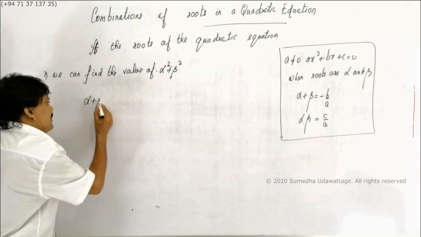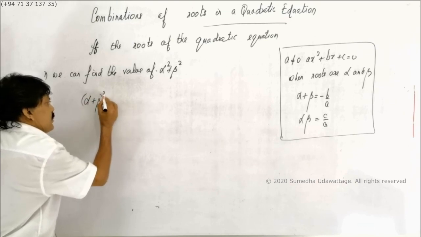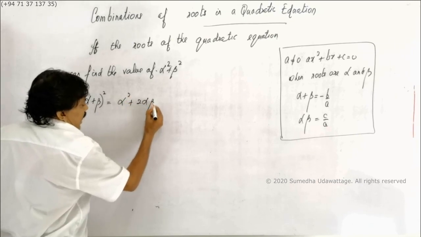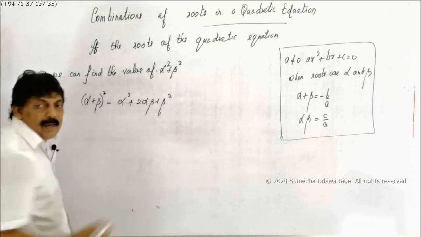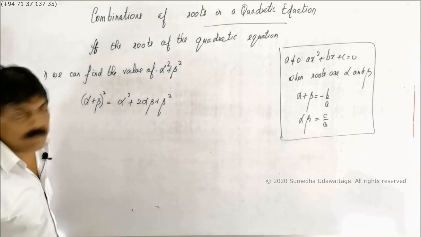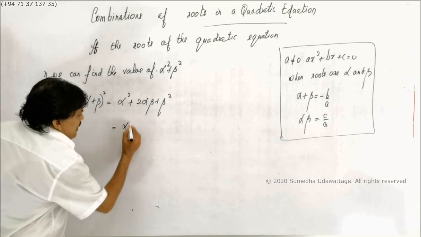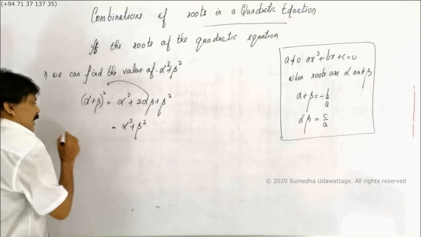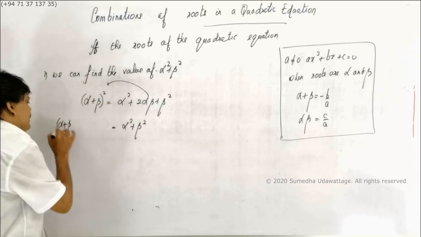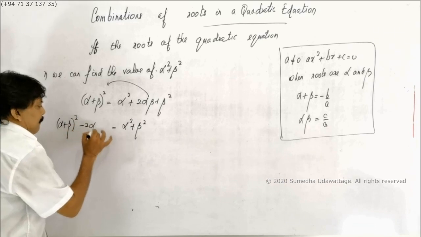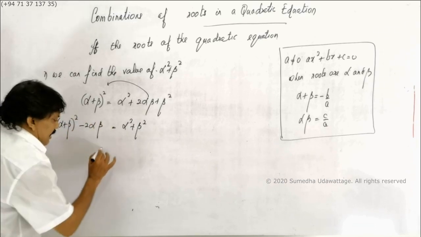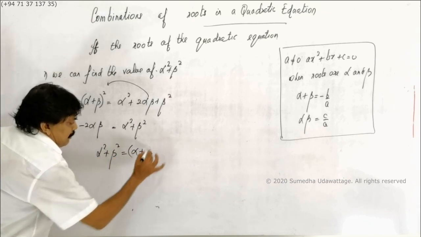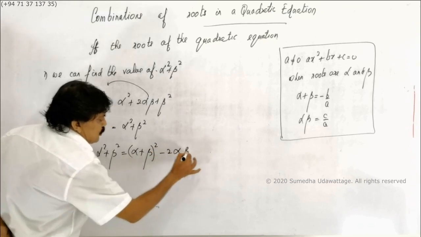Alpha plus beta, the complete thing squared, is equal to alpha square plus 2 alpha beta plus beta square. Then, keeping alpha square plus beta square here, this could be brought to this side. Alpha square plus beta square is equal to alpha plus beta complete thing square minus 2 alpha beta.